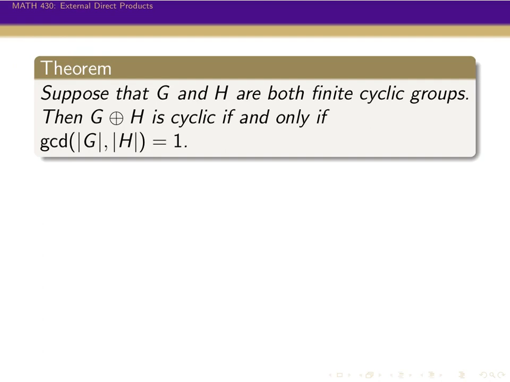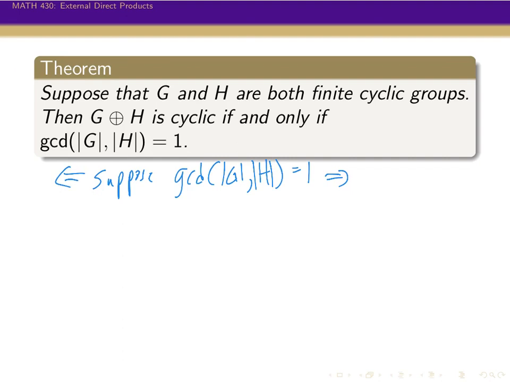Okay, so using the fact that we know how to take orders, this is going to be pretty simple. Let's do it backwards first. So let's suppose that the GCD of the orders of G and H is equal to 1.